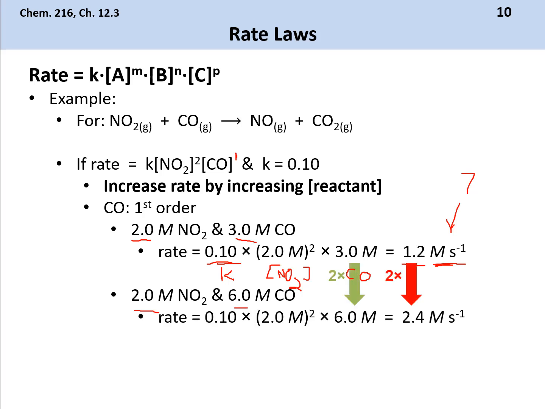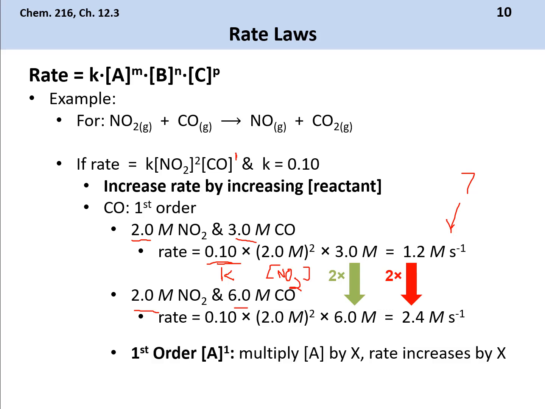We get rate equals 0.1 times 2 squared times 6. I do the math and notice what happened: I doubled my amount of CO, and my rate also doubled.